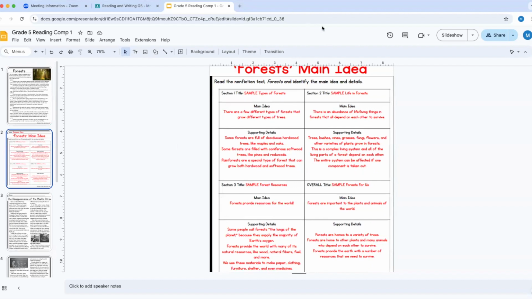You grab all the little main ideas and you see if you can put them together into one sentence. Ruby, are you able to type on the computer? Okay, good. So send that to me privately in the chat. And take as long as you need. You're going to write one main idea and you're going to incorporate a little bit from each one, if you can. Okay, let's see how you do.